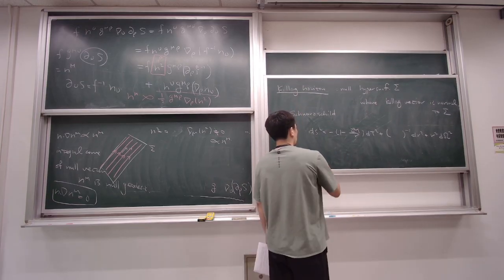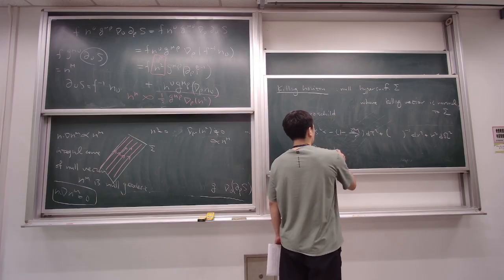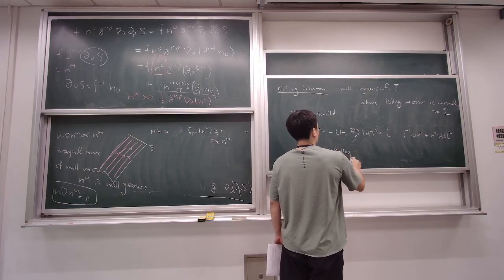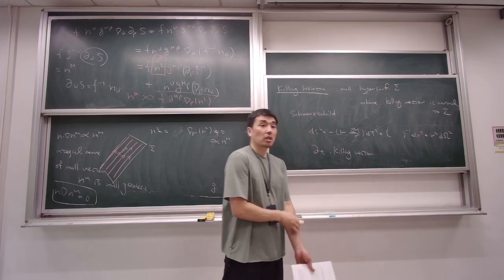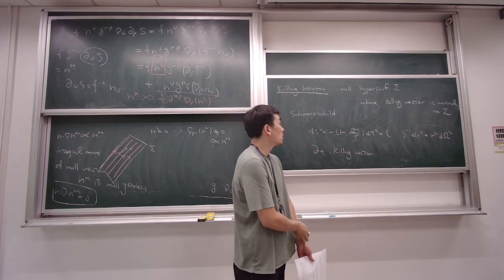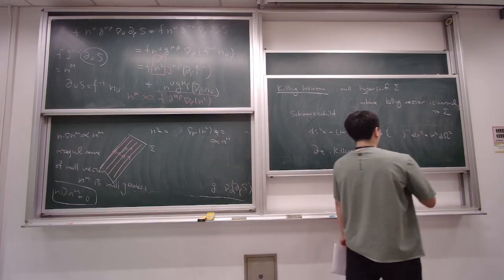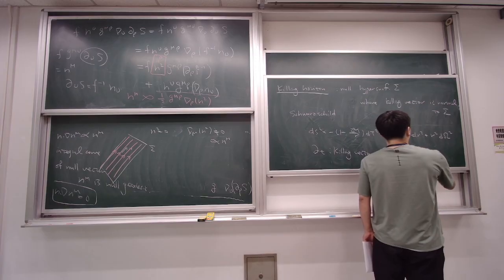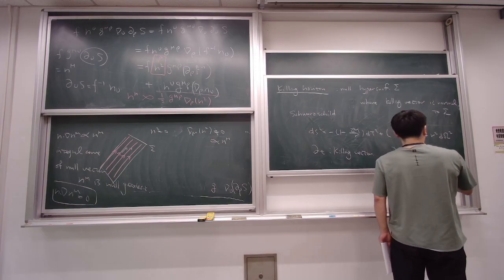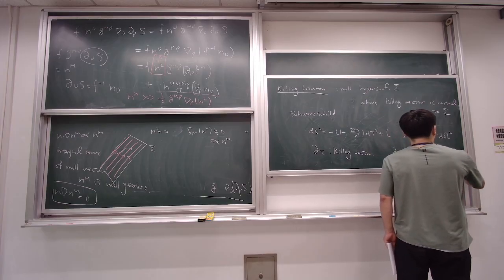And we know ∂_t is a Killing vector, and we know that ∂_t becomes null at r = 2m.